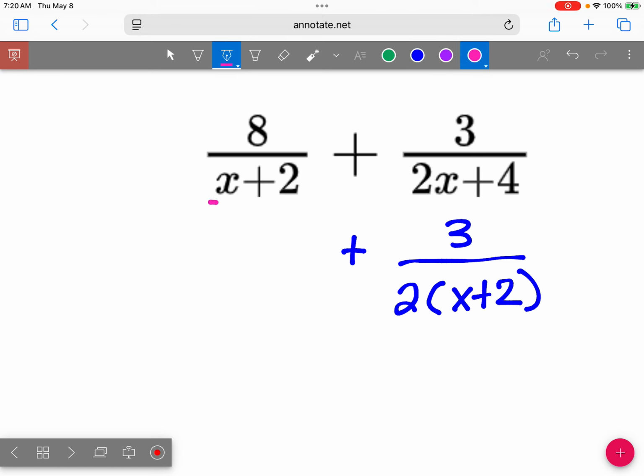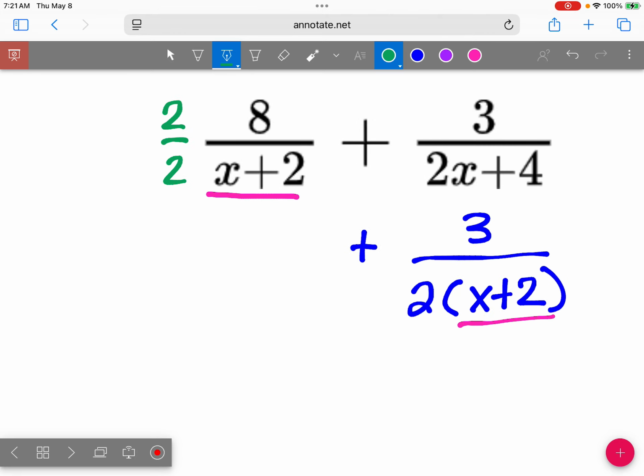And we can notice that this has the x plus 2 in it, so the only thing it's missing is the 2. So I need to multiply this side by 2 over 2. So by doing that, we can get ourselves to that same common denominator where we have our 2 times 8 on the top giving us 16. And our denominator we can write as our 2 times the x plus 2.